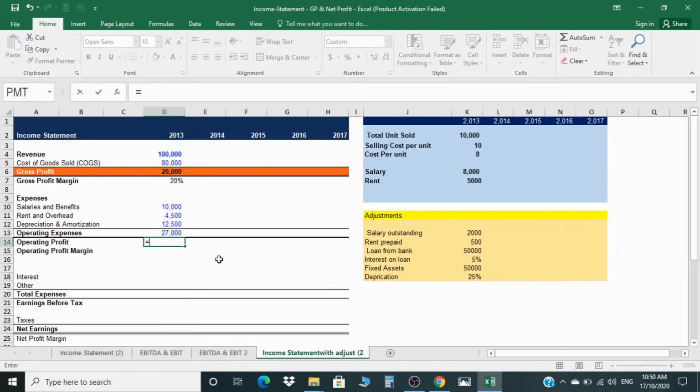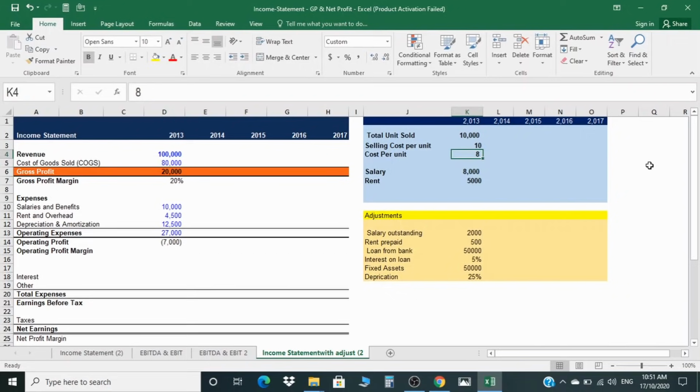Now we calculate operating profit. This is your gross profit minus operating expense. That's 7,000 is your loss. Definitely your gross profit is 20,000, whereas your expenses are much more, so you get an operating loss. So what we do, we change it a little bit. Put the cost of goods sold down.